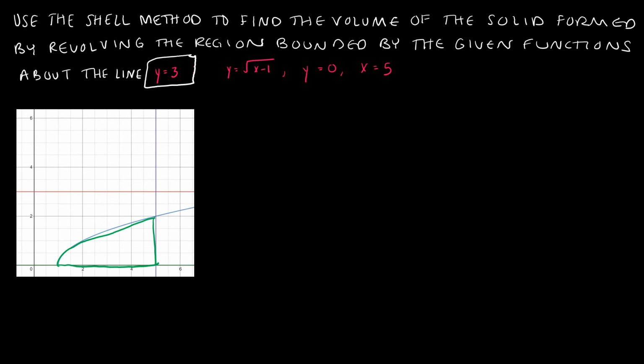And we're revolving around a different line now, this line, which is y equals 3. If I were to revolve that, and I'm not a very good artist as we've already talked about, it would look something like this. You get the basic idea.